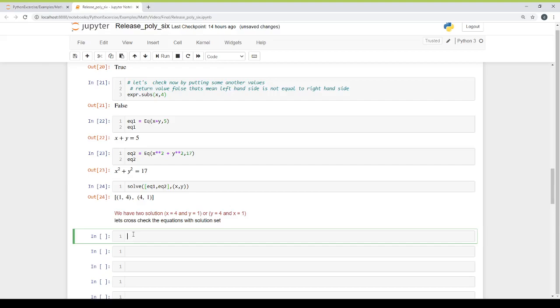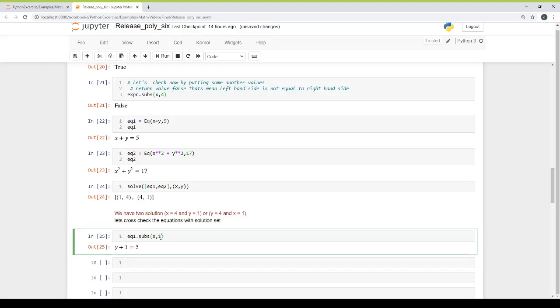Next thing is, let's cross check the equation with the solution set. Suppose eq1 dot substitute x comma 1, shift enter, and the value of substitute y comma 4, shift enter, is true.